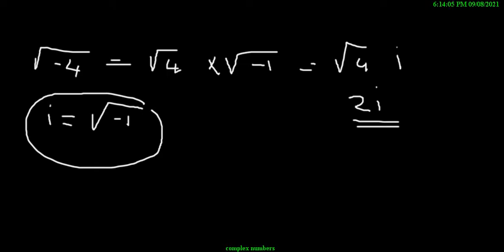Now let's try to solve more examples. Suppose we have the root of -9. We said i is equal to the root of -1.